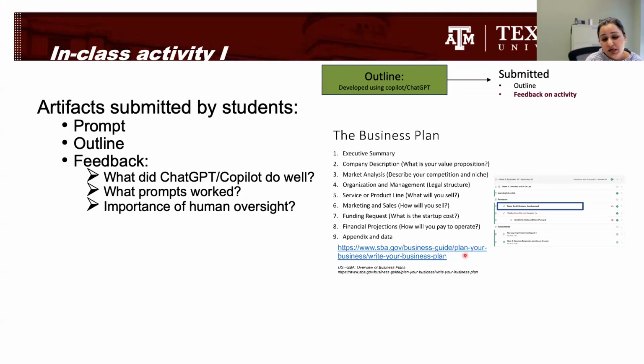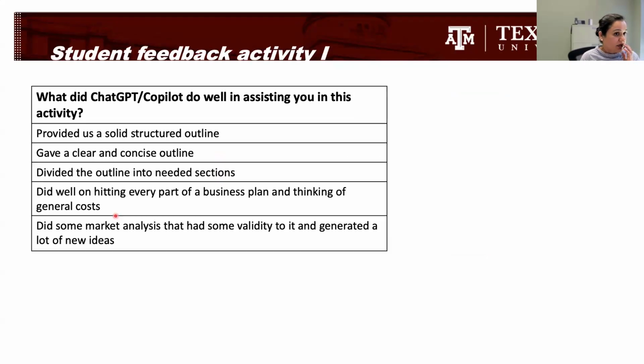And then the second thing I gave them was the handout from the Small Business Administration website, like the guidelines to write the business plan. So I told them to look at these two resources and then compare the outline with these and then answer these three questions.